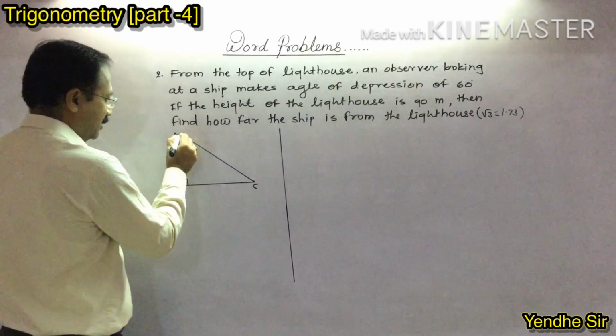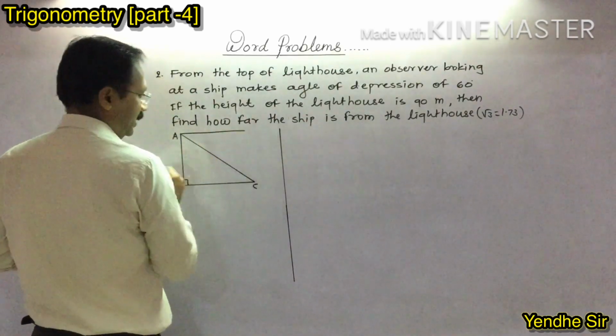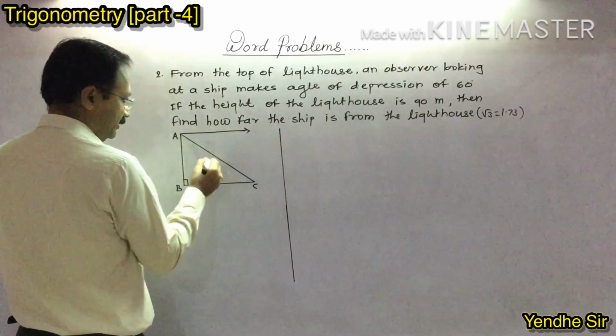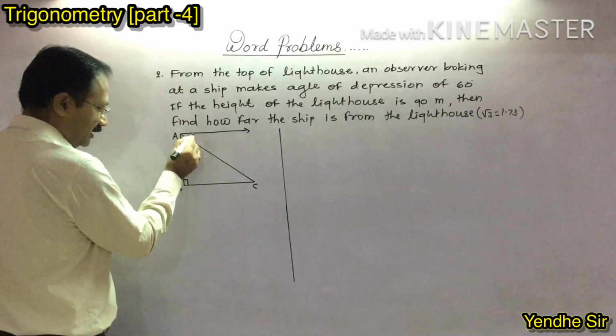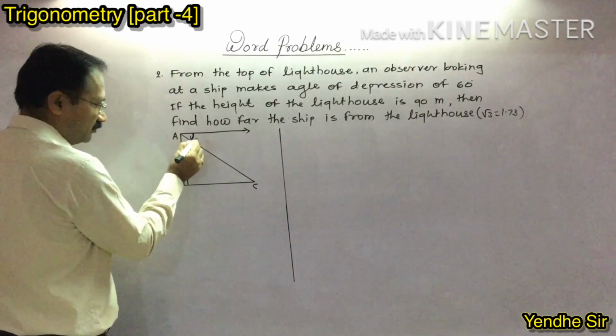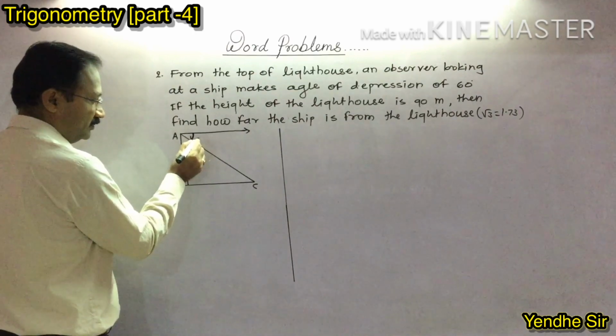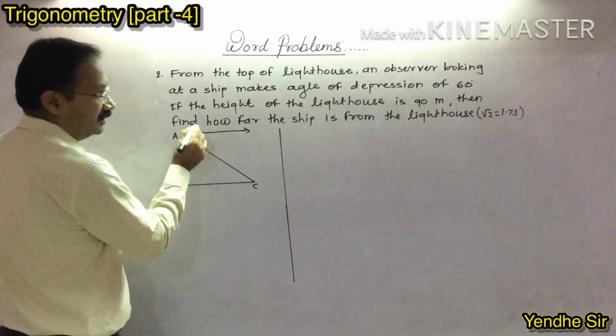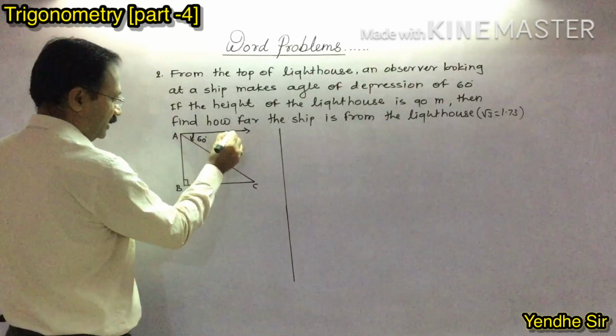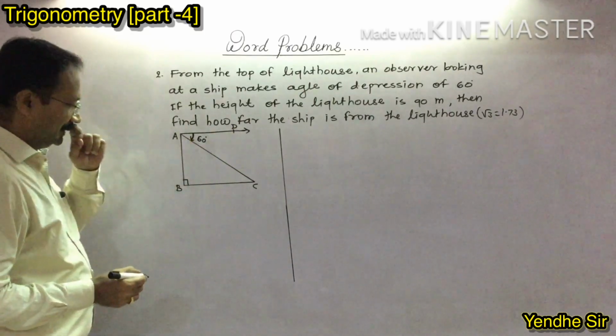So here I am going to draw the line of vision. This is the line of vision, and the angle with the line of vision is called the angle of depression. This is given as 60 degree. Okay, so I have written this as 60 degree.